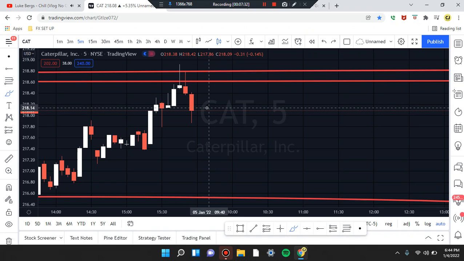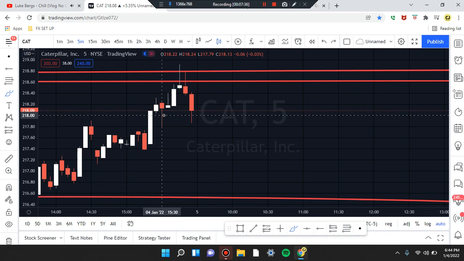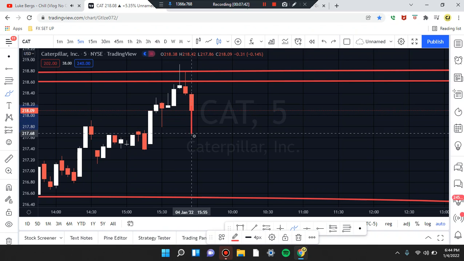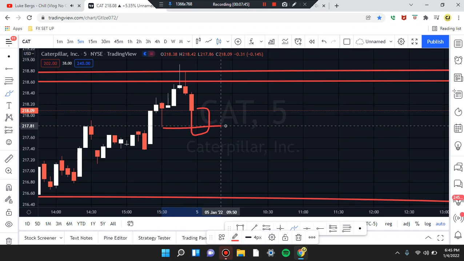You want the next candle to engulf the sixth to last candle wick. So you want something to push down below this area here, close out below the sixth to last candle wick.